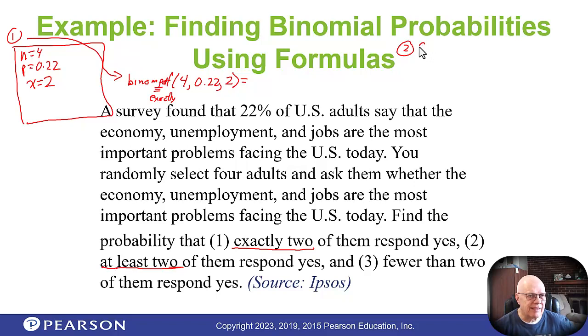Well, it might be 0 out of the 4, or 1, or 2, or 3, or 4. It can't be 5 because we only asked 4 of them. Now, what are we interested in? It says at least 2. So what we're interested in this part of the problem is a 2, a 3, or a 4. Those are at least 2.